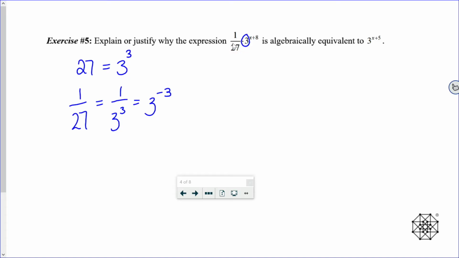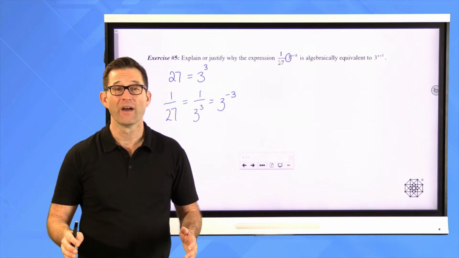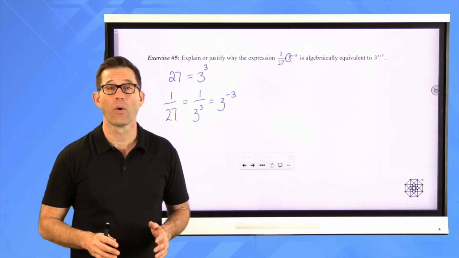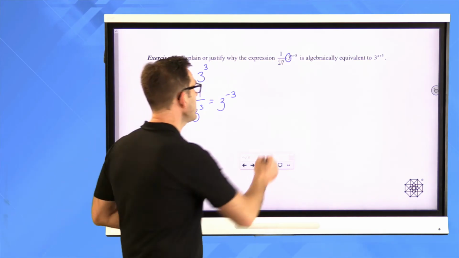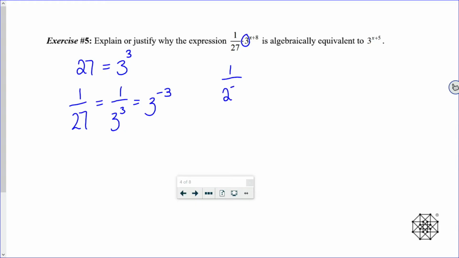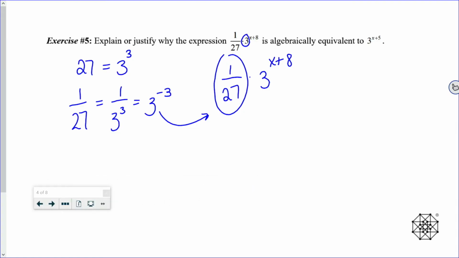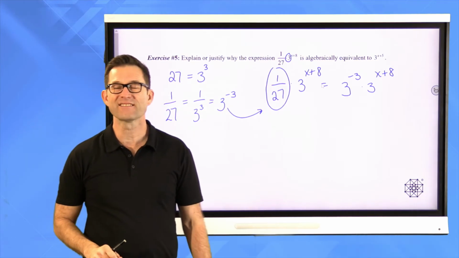All right? Now remember, equality, right, and the substitution property of equality now says I can take this expression, 1/27 times 3 to the x plus 8, and I can replace 1/27 with 3 to the minus 3rd. So all of this is going to be 3 to the minus 3rd times 3 to the x plus 8. But now I have this fantastic exponent property.